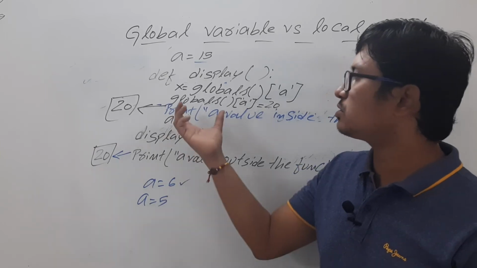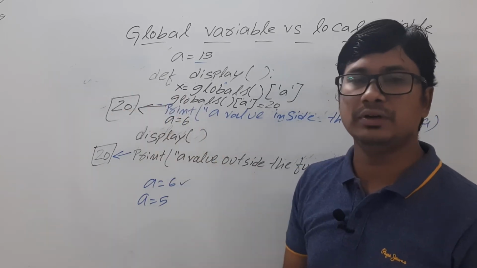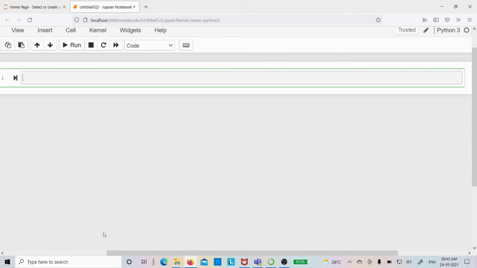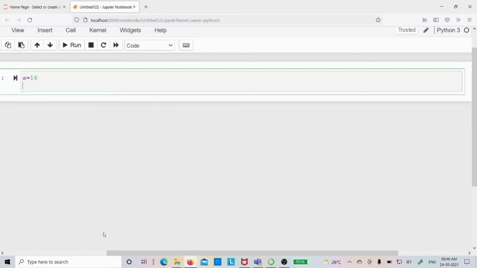I will discuss these concepts in the Jupyter notebook. Now, let me define a variable a and assign the value 16. Now, a is a global variable and I am defining a function called display.